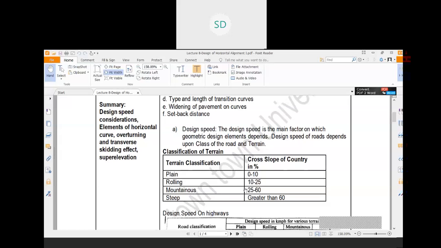If the cross slope of that area is 0 to 10%, it is called plain terrain. If it is 10 to 25%, then it is rolling terrain. For mountainous terrain, this cross slope is 25 to 60%, and for steep, it is greater than 60%. So these are the different terrain classifications. Your design speed will vary based on this cross slope or terrain classification.